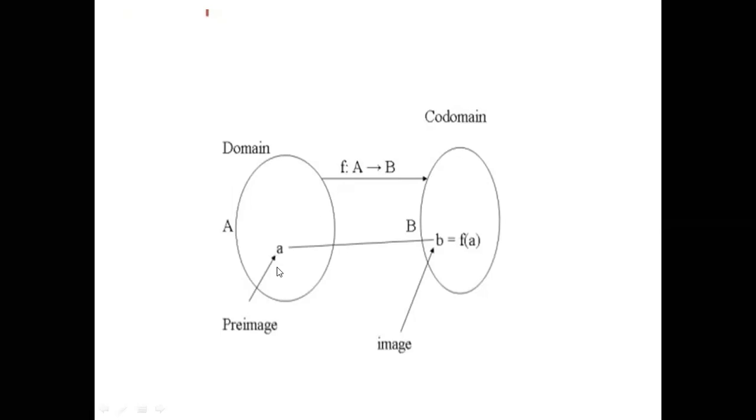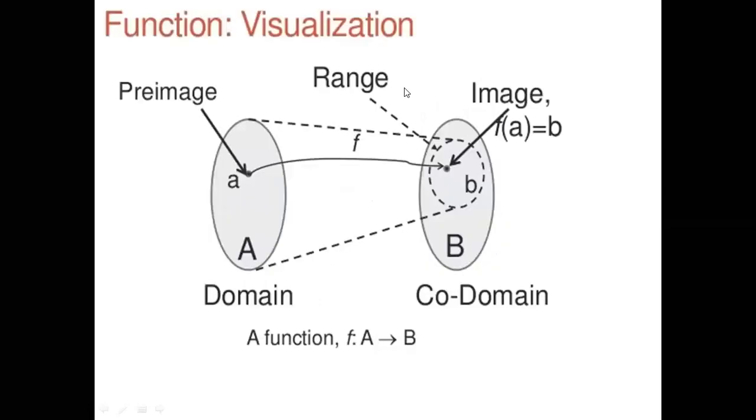So whatever the values in the set A are called the domain and values in the set B are called the codomain. Now we will discuss function visualization.